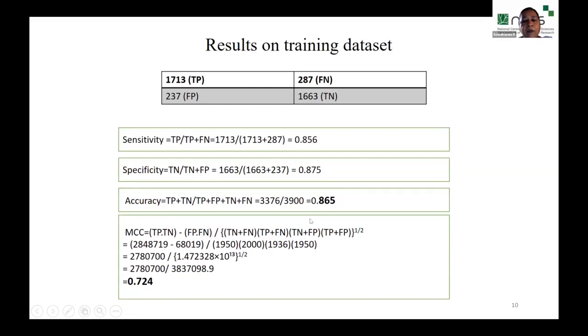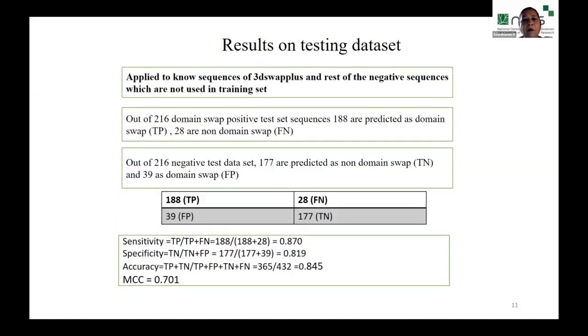And then we used our updated 3D swap database and the newer entries for testing. In the testing also, we had about 216 members in the positive data set and 216 members in the negative data set. And again, if the testing is 100% efficient, we would have got 216 true positives and 216 true negatives.